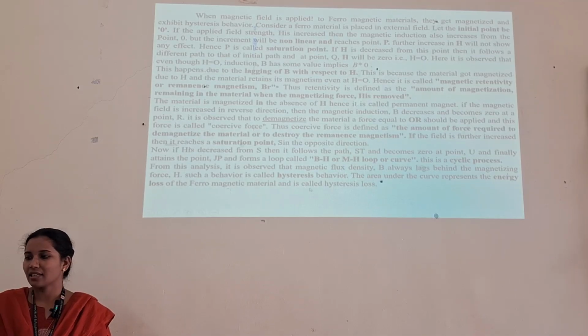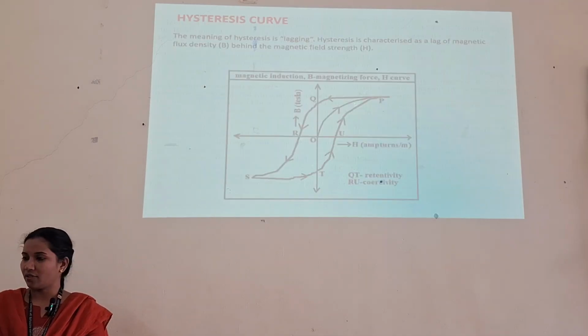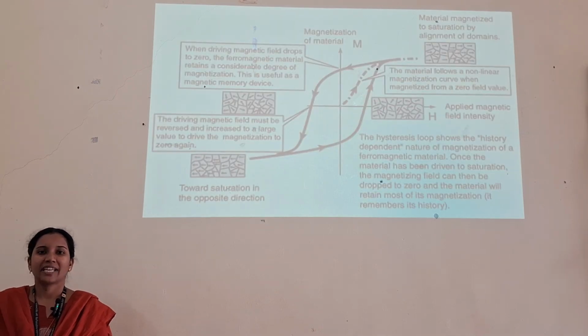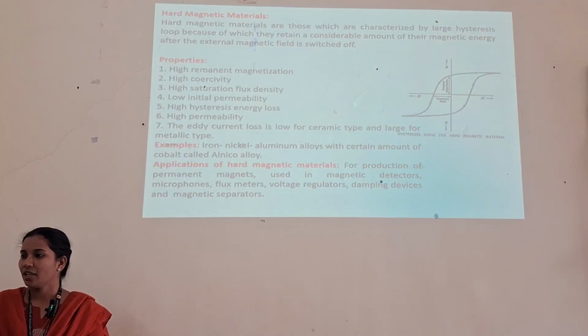From this analysis, it is observed that the magnetic flux density B is lagging behind the magnetizing force H. Such behavior is known as hysteresis behavior, and the area under the curve, you can see, is nothing but energy loss, which is known as hysteresis loss.